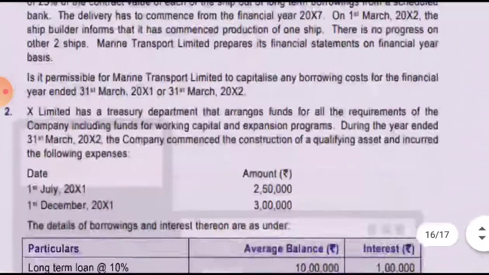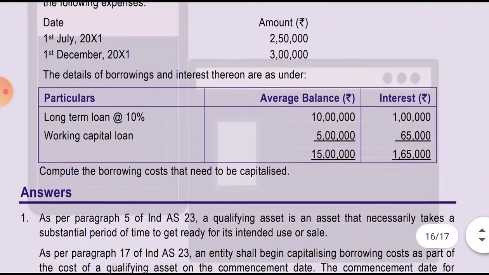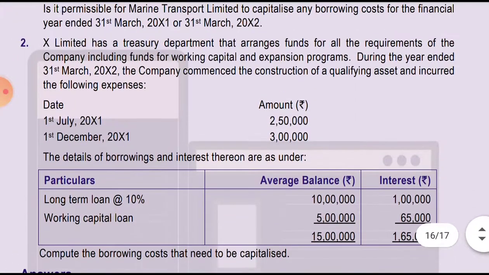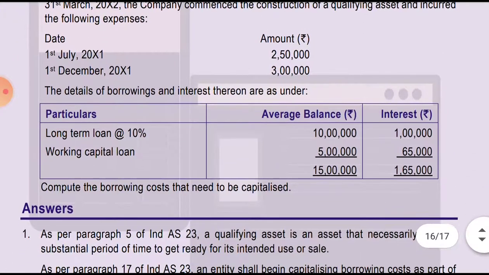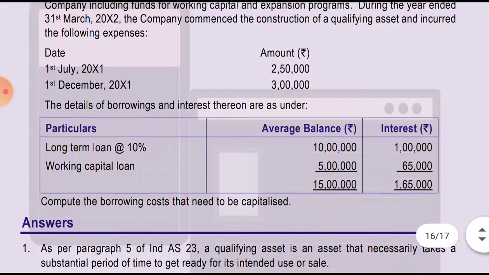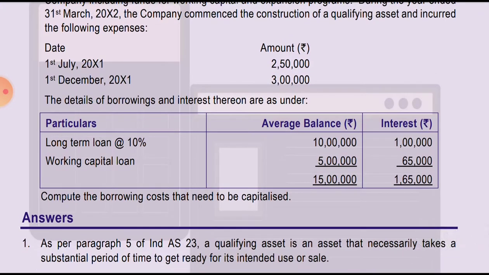Okay, and the second is a much simpler question. First, calculate the capitalization rate based on the details given for the loan, that is 10 lakh rupees. Interest is 1,000, so the total interest is 165 divided by 15 lakh rupees.